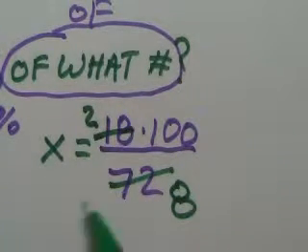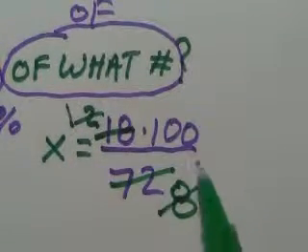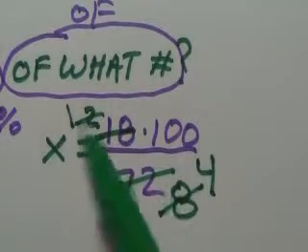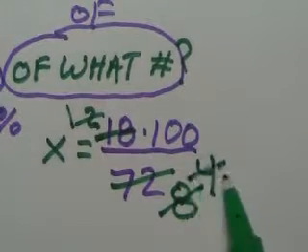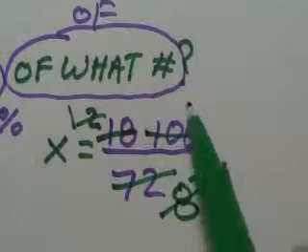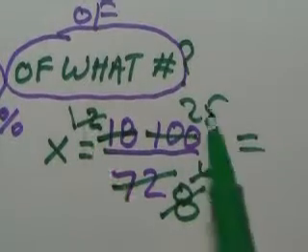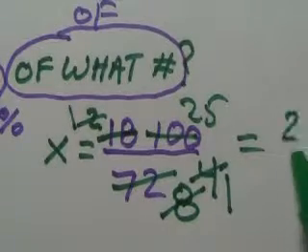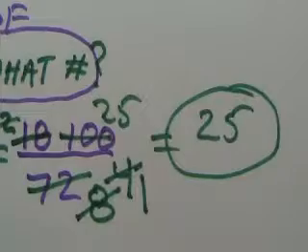I just didn't know how many times. Well, 2 goes into 2 once, and 2 goes into 8 4 times. So that's a 1, and that's a 4 now. And 4 goes into 100. 4 goes in there once, and 4 goes in 100 25 times. So my answer is 1 times 25 over 1. That's just 25.